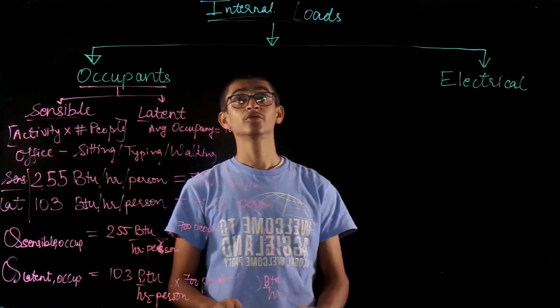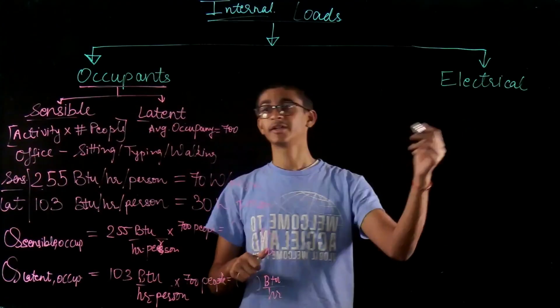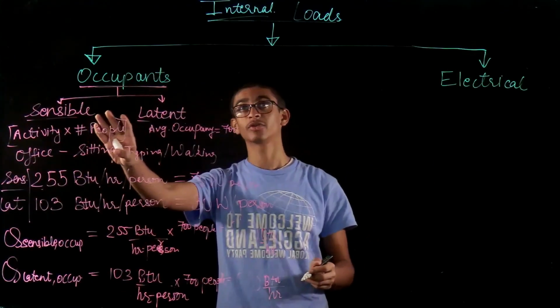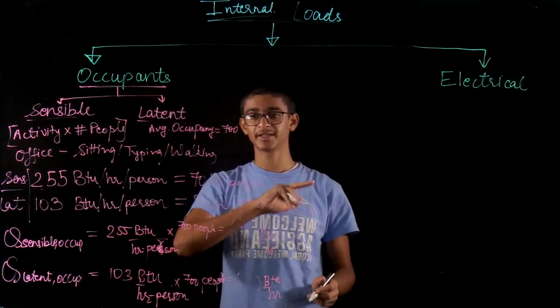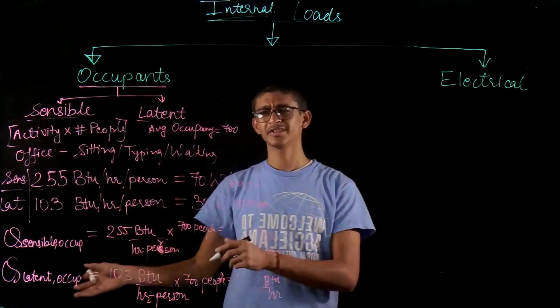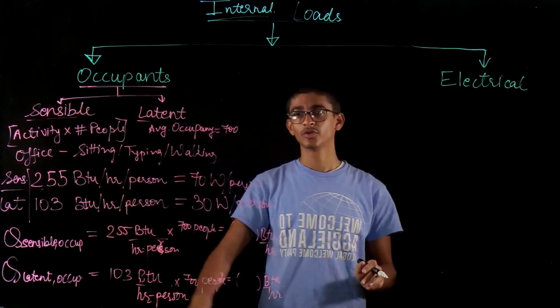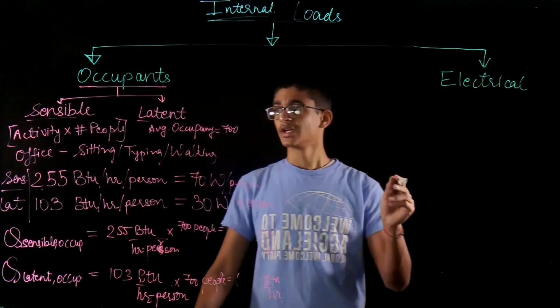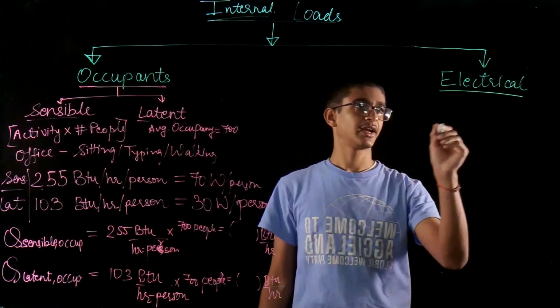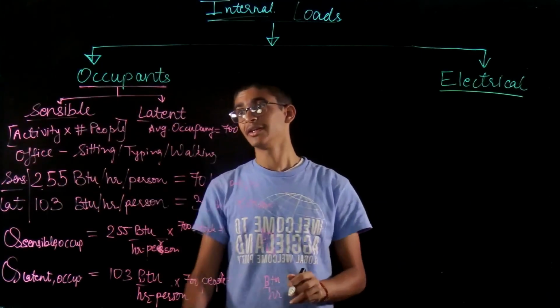Now, to look at the electrical load, that's all we have with respect to occupants. It's a very simple calculation. Nothing is specific about orientation, and nothing comes in like what we had in our solar load or transmission load. For electrical also, it's exactly as simple as occupants.